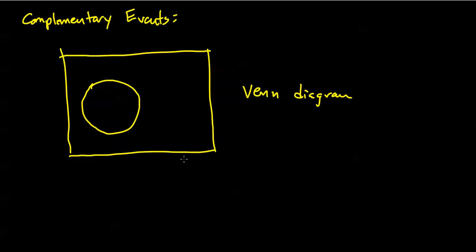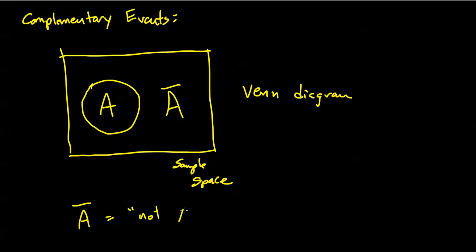If I look at this rectangle as being my sample space, essentially my universe of possibilities in any particular experiment, and I will label a circle within that rectangle as event A, and I'll keep it arbitrary, and hence we refer to everything outside the circle, but still in the rectangle, as A bar or not A. The notation A bar actually means not A, and that's how we'll read it.